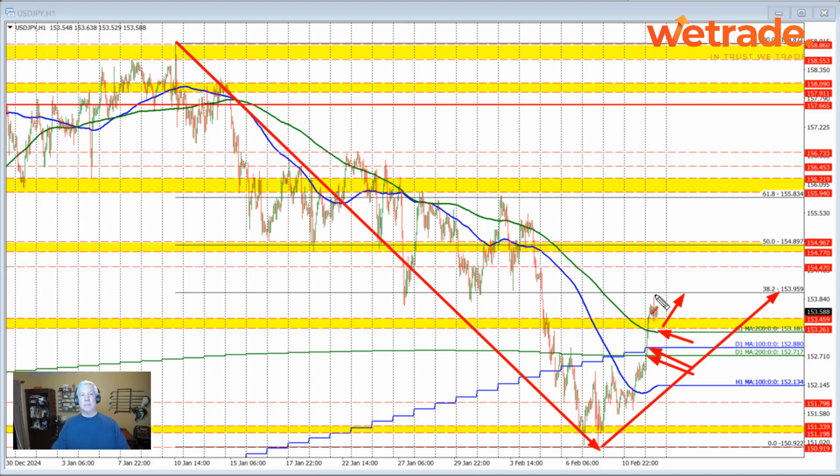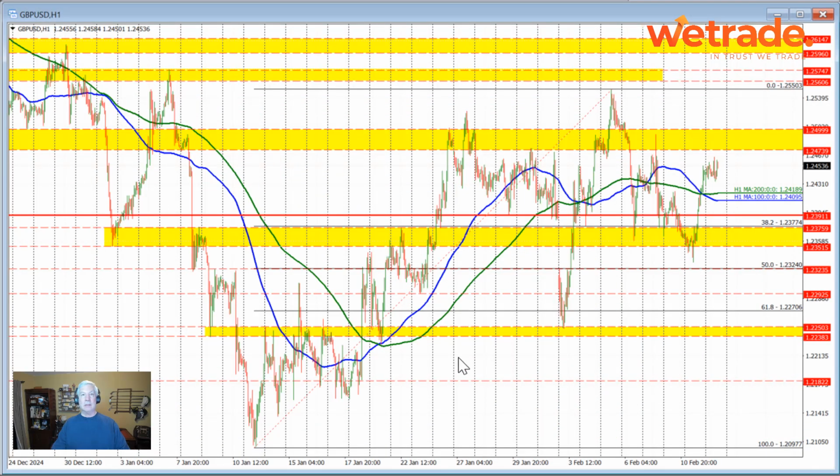You can see we sniffed up toward it, but did find sellers against that level and consolidating mainly between 153.40, let's say, up to 153.85, something like that. So that's where we sit right now, currently trading at 153.58. Above this swing area, below the 38.2, we like to get above the 38.2 to show that the buyers mean business in that currency pair.